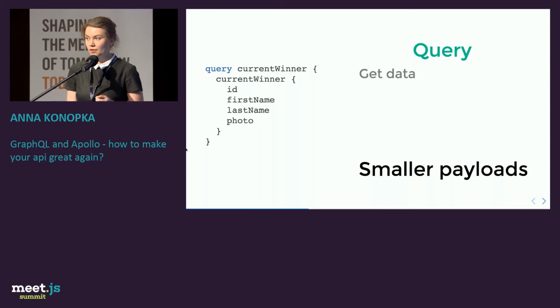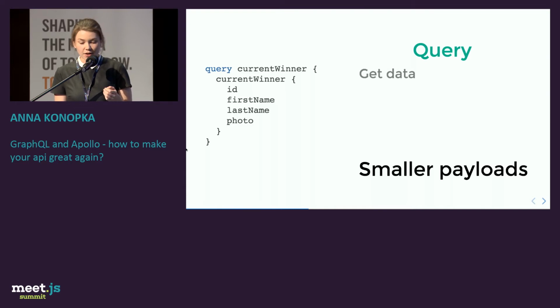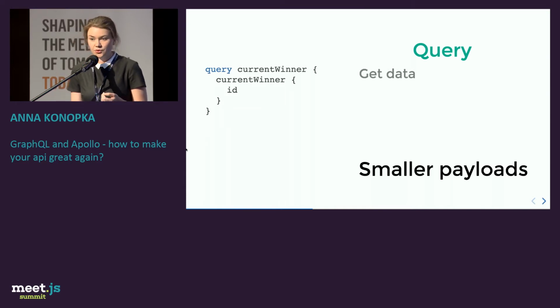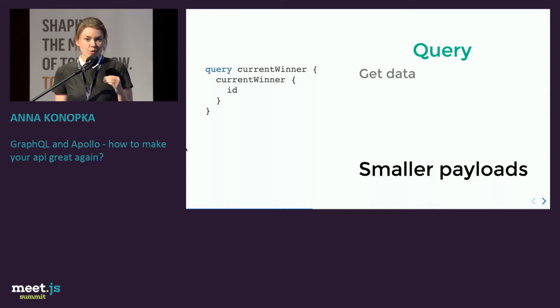So for example, if we only care about the ID of a current user, we are asking only about that. And we have probably most of us already seen that we have this mobile theme across many presentations, and it also pays off here. So, if you want to make your mobile users happy, you should also make your payloads smaller.